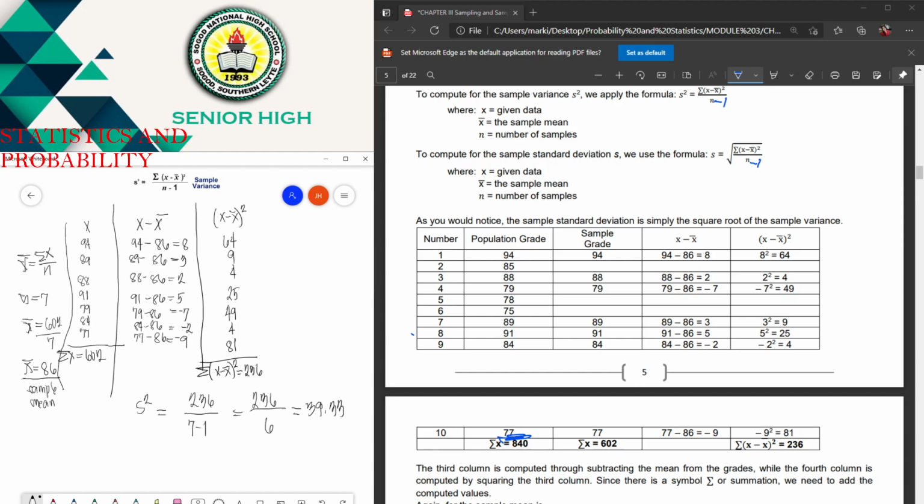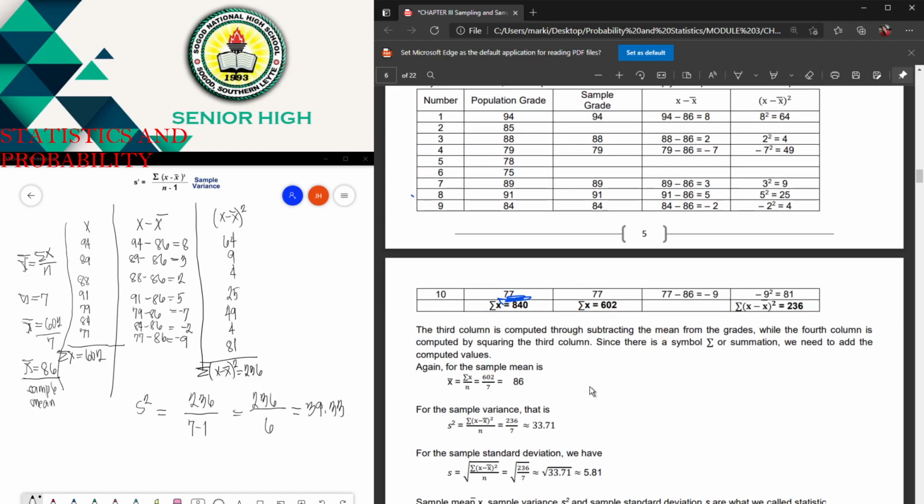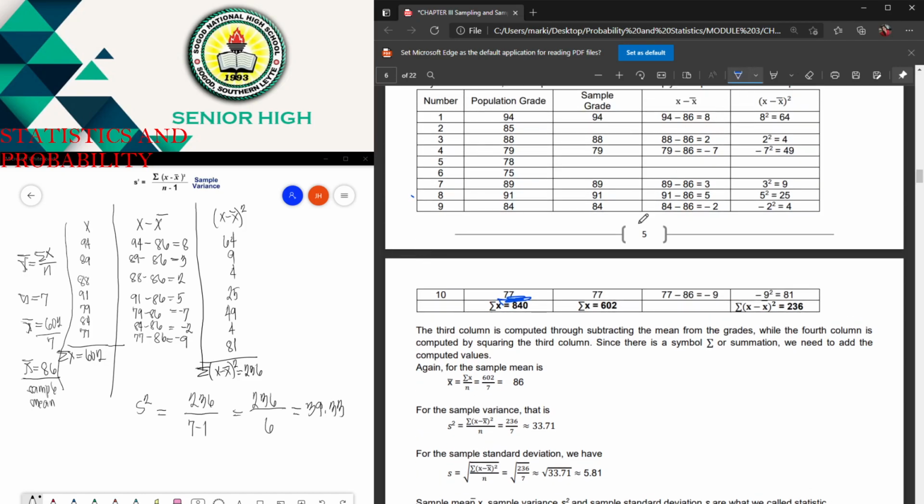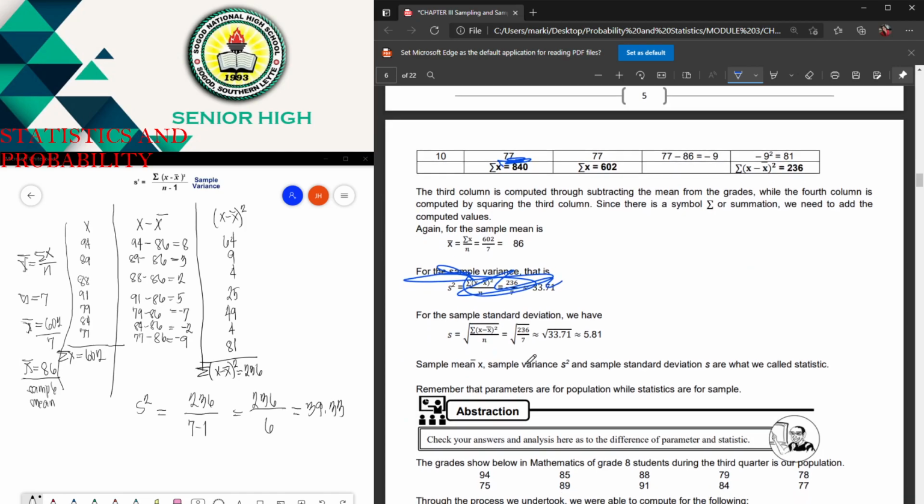Okay? 2 decimal places po tayo, ha? We are going to use 2 decimal places. Do not use 1 but 2. Okay? Hindi po to tama, kasi mali po talaga to.